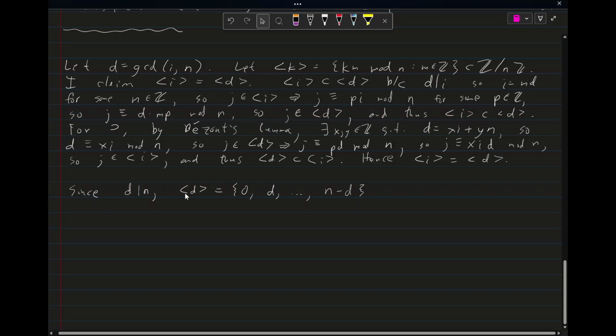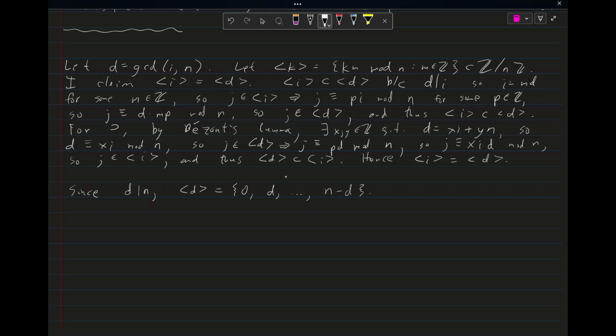So the elements of the subgroup generated by D in Z mod NZ is precisely 0, D, all the way up to n minus D. We have some number of elements; it doesn't really matter. The point is the set is this because D divides n. Okay.